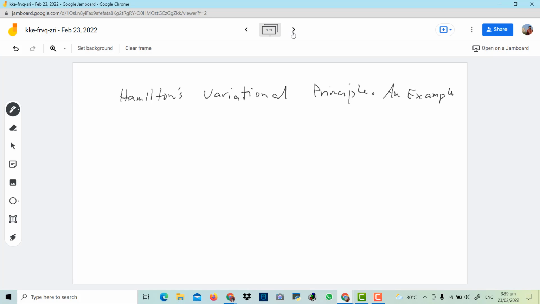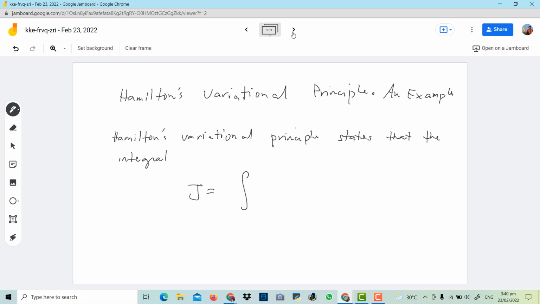Hamilton's variational principle states that the integral J, the integral of L dt. Sometimes we call this the principle of least action.